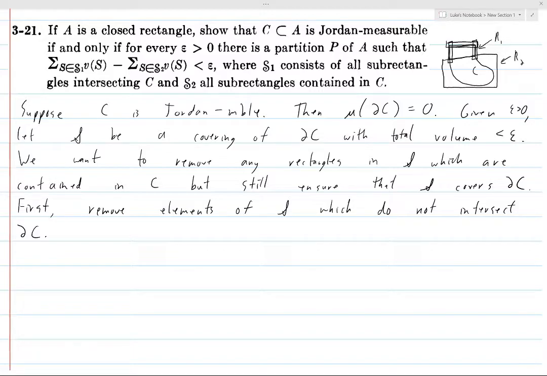So we want to get rid of anything like that because we want to make sure that we've only got what we need in S, and that's going to be important in order to break this S that we have here into S1 and S2. Okay, so we've removed anything that doesn't intersect the boundary of C.